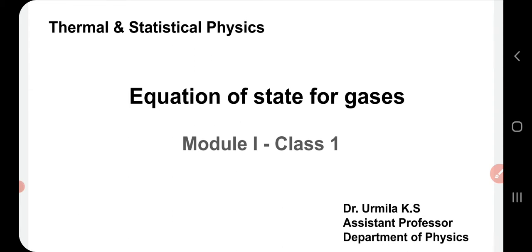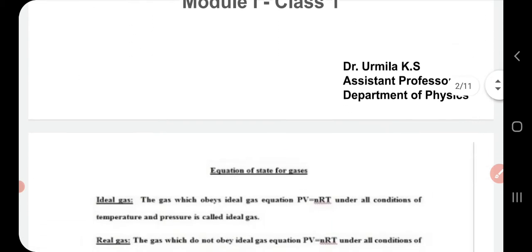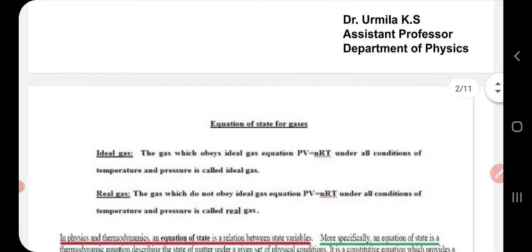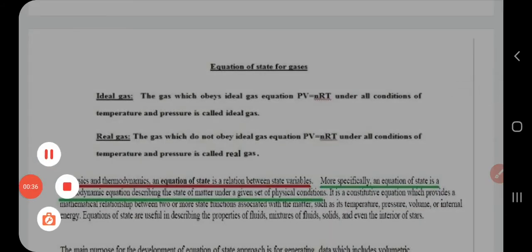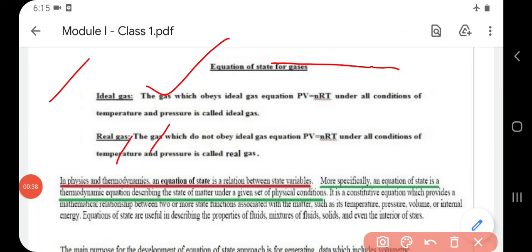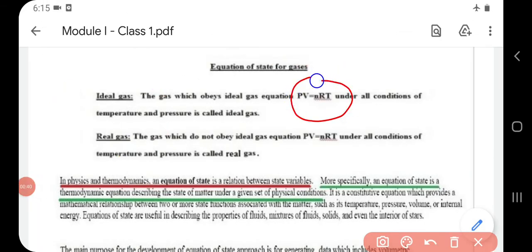Before beginning, let us recollect some of the basics about gases. We know that the ideal gas equation is given by PV equals nRT, where P is the pressure, V is the volume, n is the number of moles present in the substance, R is the universal gas constant, and T is the temperature.